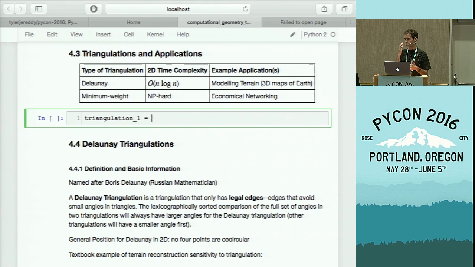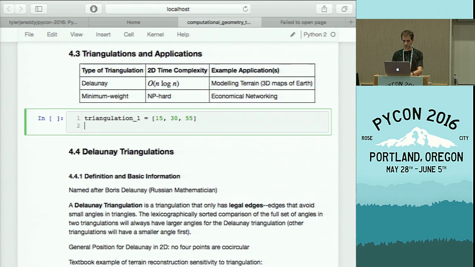These will be the angles of the first triangulation. So let's say we have a list of angles like 0, that's too small, okay, 15, 30, and 55. And then we'll have a Delaunay, which has to avoid that, so it might have 22.